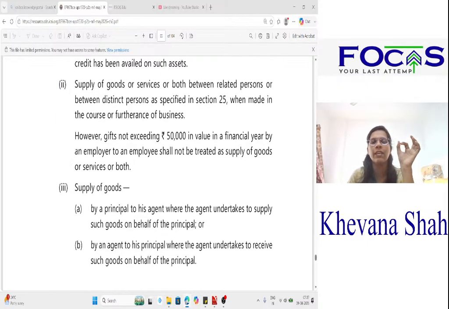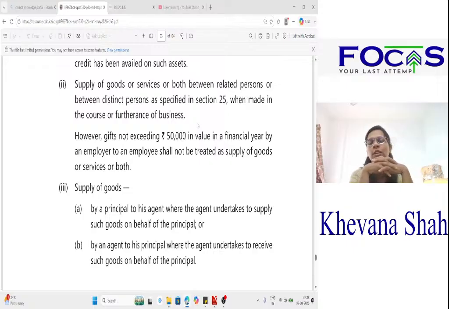Then the second one we have is supply of goods or services or both between related persons or between distinct persons as specified in Section 25. So Section 25 defines the related persons and distinct persons. Who are related persons?